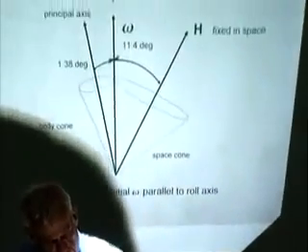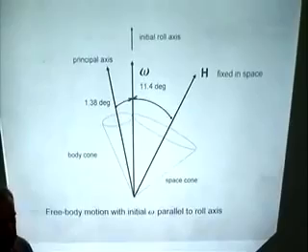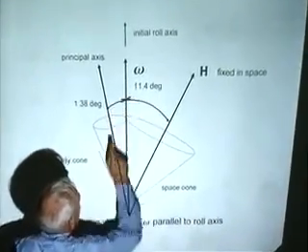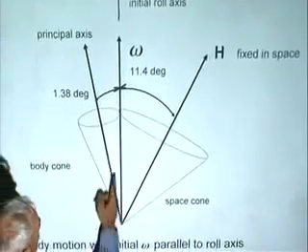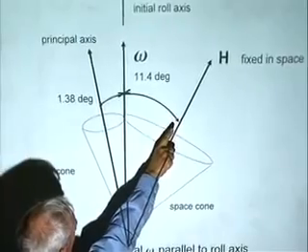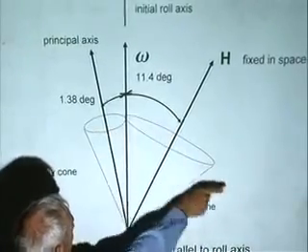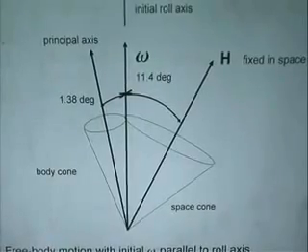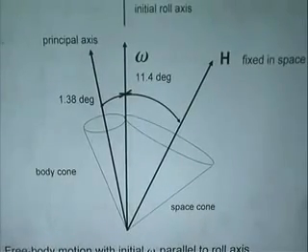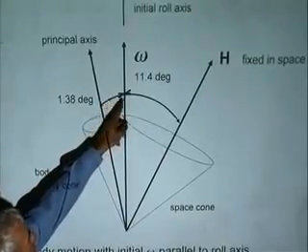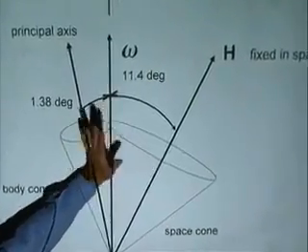In the case where you spin it up for this initial angular velocity, and as you're spinning it up to the rate you want, you wind up with an angular momentum vector over here, 11 degrees away. You turn off the active torquing and see what the free body motion is going to be. We had a principal axis that was less than 2 degrees away from that spin axis. Turn the jets off.